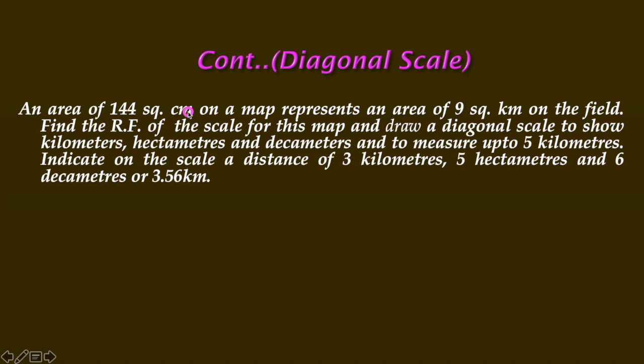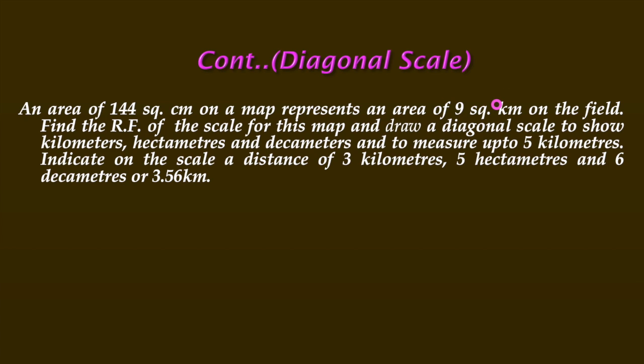144 square centimeters. The representative factor is the ratio of lengths, so take the root of this 144 square centimeters. Taking the root, we get 12 centimeters. Here it is 9 square kilometers.